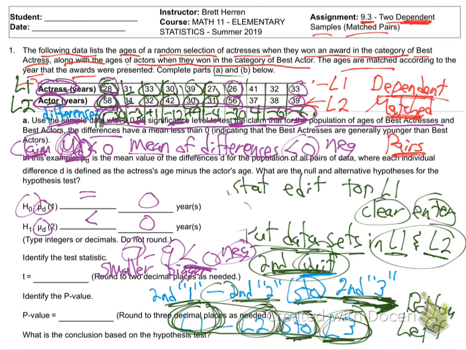So the null is always equal, and the claim is on H1. I shouldn't circle that. We don't know if that's right yet, but that's where the claim is, because that's what they're claiming, that the mean of the differences is less than 0. Okay. So, how do we put this in our calculator?